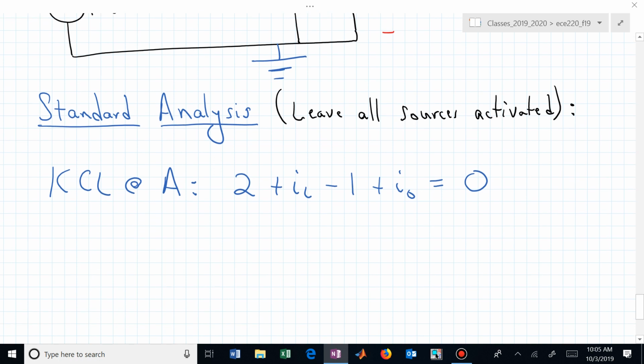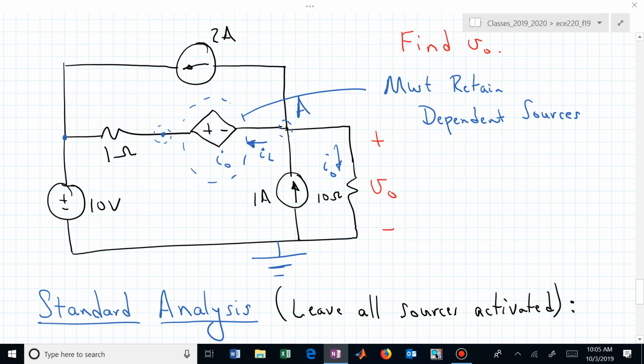I have a lot of variables there, but I can start to get rid of some of those. What is I sub L? That's the same current as the current through that 1 ohm resistor. And if I knew this voltage, I would be able to find the voltage difference between the right node and the plus 10 volts and divide that by 1 ohm to get I sub L. And what is that node that I'm pointing to with my symbol?